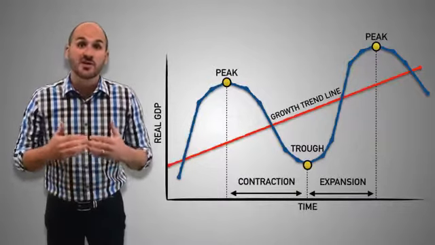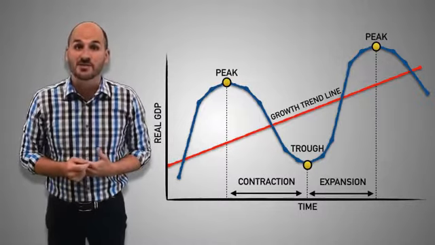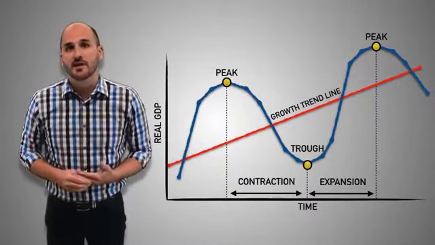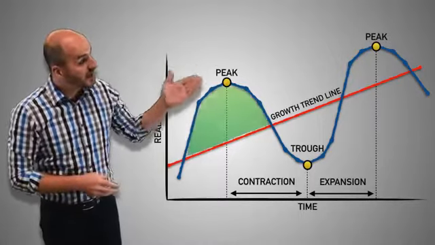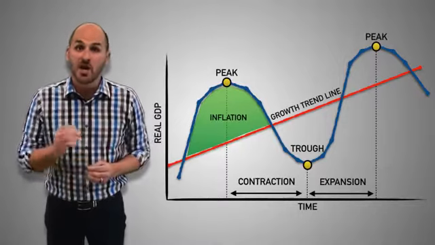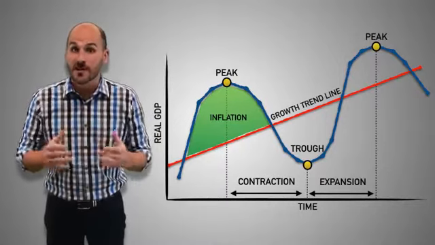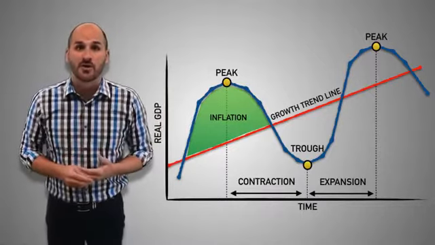When the economy grows at a rate faster than optimal, the economy experiences excessive inflation of prices as the economy overheats. The level of excessive inflation is visualized by the space between the peak and the growth trend line on our business cycle. A peak of any type means the economy is failing to satisfy the goal of limiting inflation because inflation is above the acceptable rate at the growth trend line.